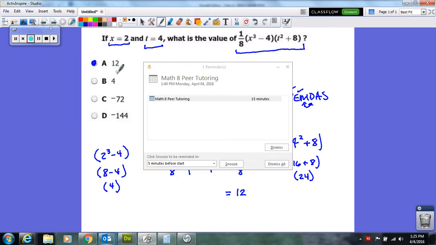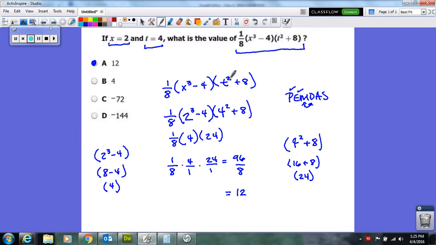This problem, unfortunately for you, is riddled with possible places to make mistakes. Like, for example, saying 2 cubed is 2 times 3 versus 2 times 2 times 2. Okay? 2 times 2 times 2 yields 8. 2 times 3 would have yielded 6, which would have given us the wrong value.